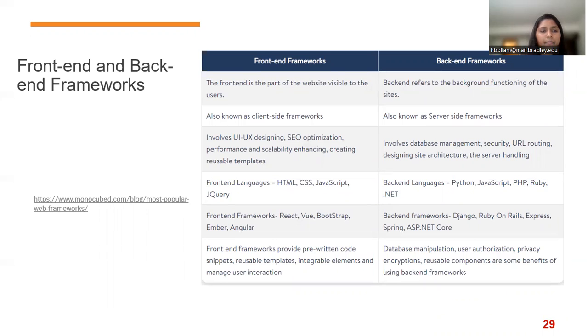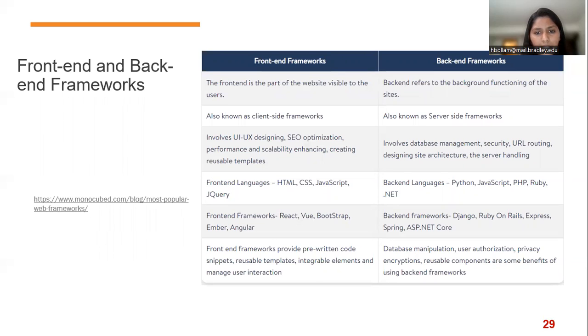And let's see some types of frameworks. There are two types of framework called front end and back end frameworks. The front end is for the UI interface. It is also called client side frameworks, and the back end framework is for background functionalities, and it is also known as a server side framework.